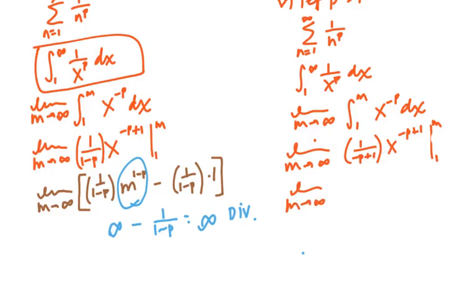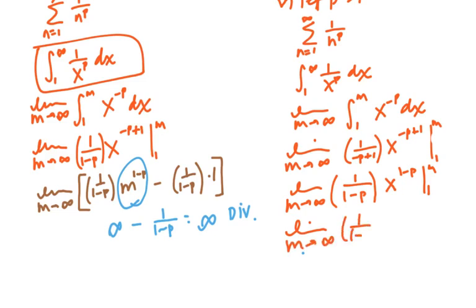We have 1 over 1 minus p, x to the 1 minus p from 1 to m. Now let's plug in the m's. So we have the limit as m approaches infinity, 1 over 1 minus p, m to the 1 minus p, minus 1 over 1 minus p. All of this is in the limit. And 1 to any power is 1.